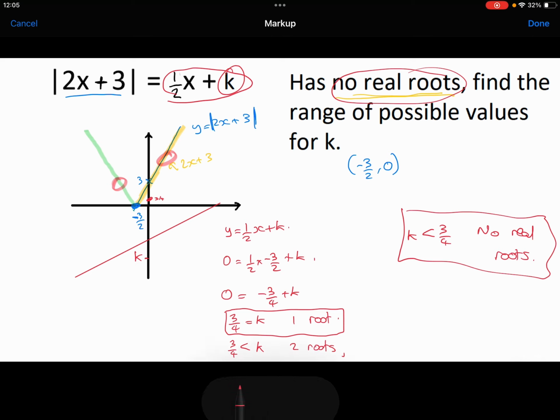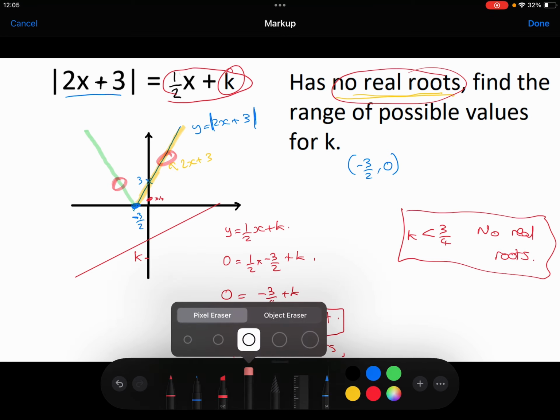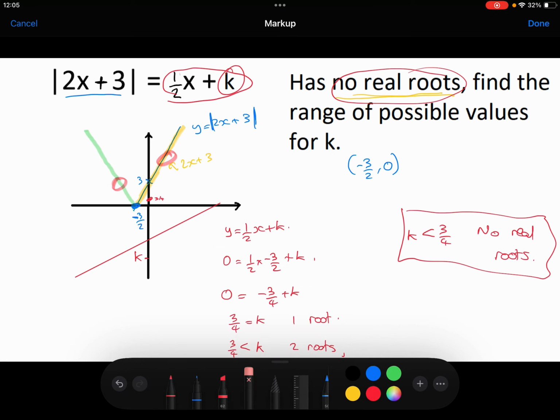So with these type of questions, if we're told how many roots there are, and we need to use that to work out a value of a constant, draw a sketch, look at the vertex, and think about what the graph would look like, what the values of the constants would be if the line goes through the vertex, and then you can say what you need to say about the constants based on your sketch and the vertex.